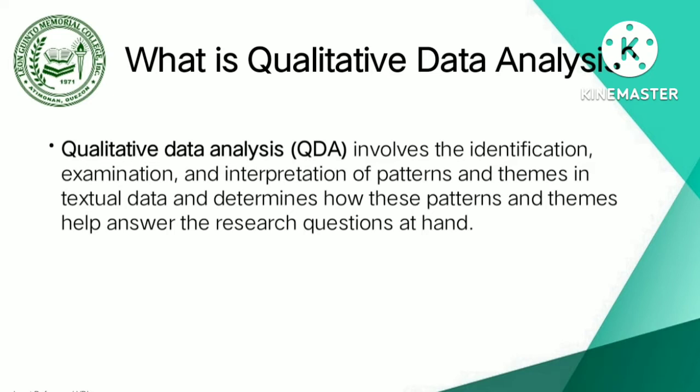Before we go to the common approaches of qualitative data analysis, we better first understand what qualitative data analysis is. Qualitative data analysis, or QDA, involves the identification, examination, and interpretation of patterns and themes in textual data and determines how these patterns and themes help answer the research question at hand.